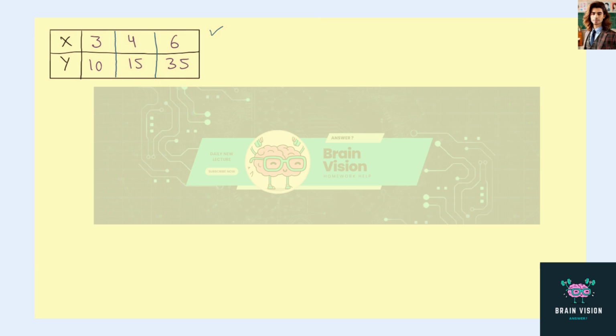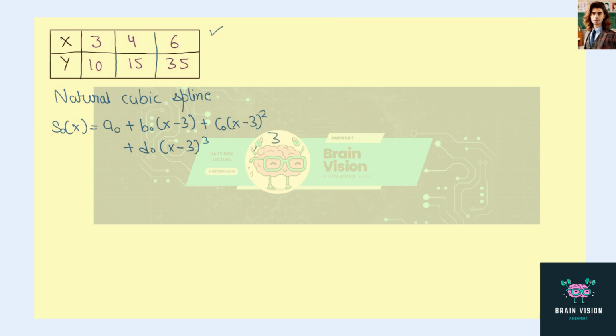So, the natural cubic spline will be given by S0(x) = a0 + b0(x − 3) + c0(x − 3)² + d0(x − 3)³, where 3 ≤ x ≤ 4, and similarly S1(x) will be given by a1 + b1(x − 4) + c1(x − 4)² + d1(x − 4)³.